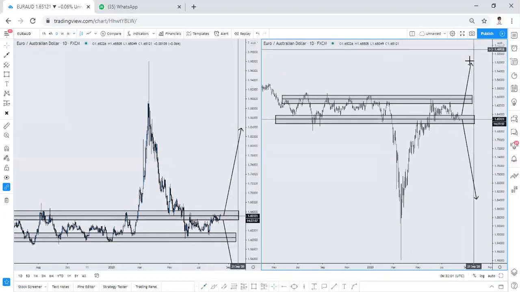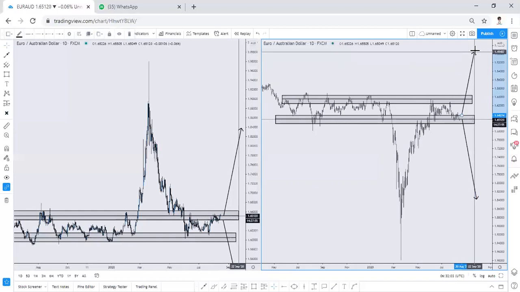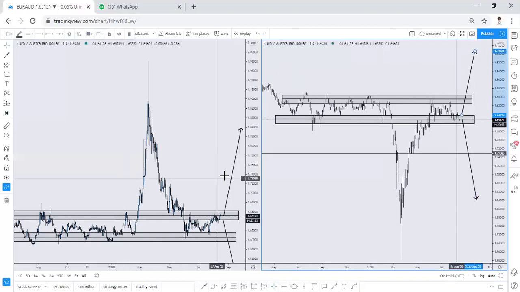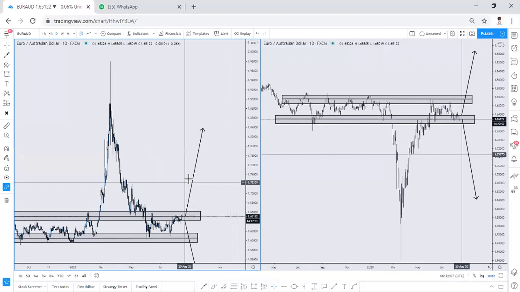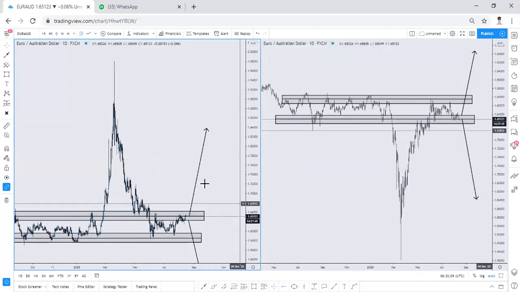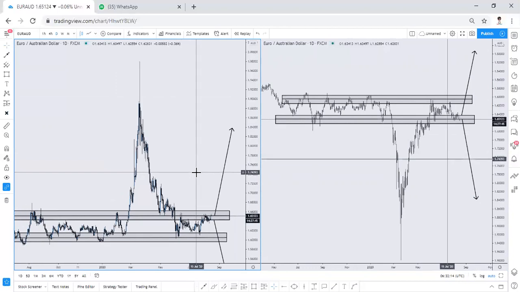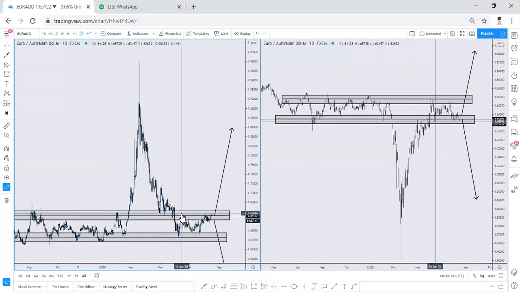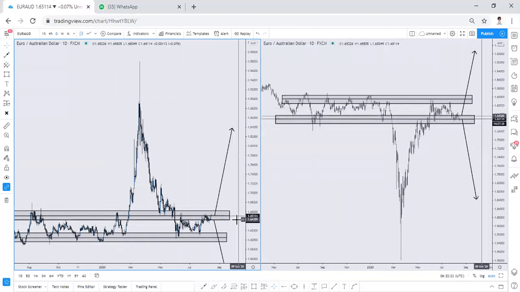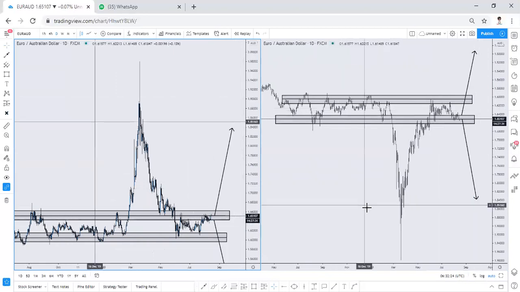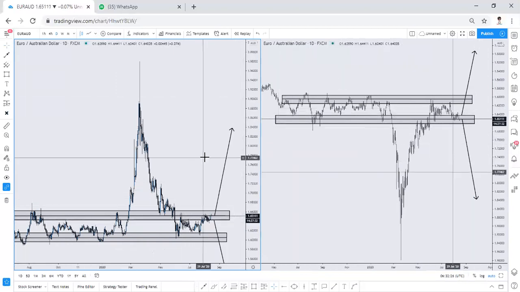Tell me why. Because there's a previous imbalance, like this one, so you expect it to move higher. Yeah, exactly, to create an imbalance.